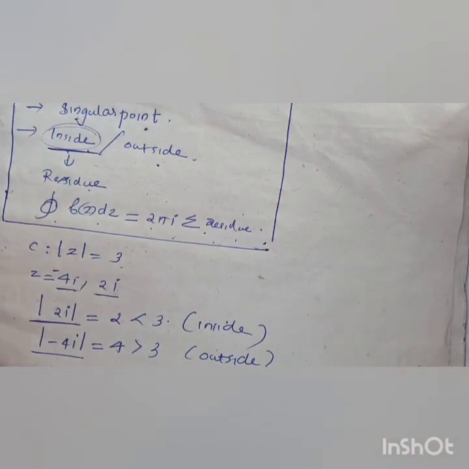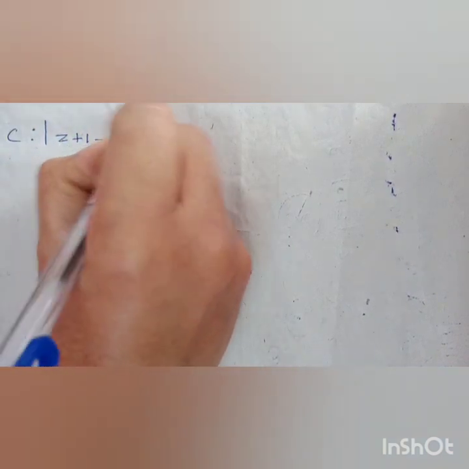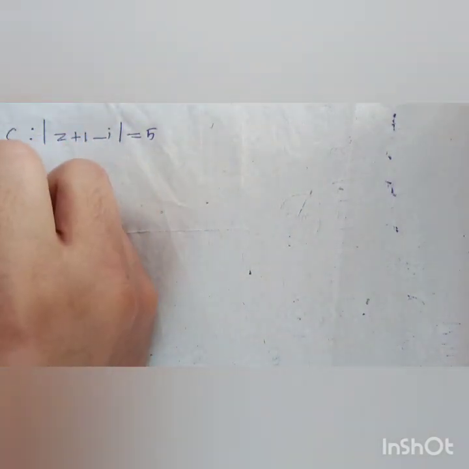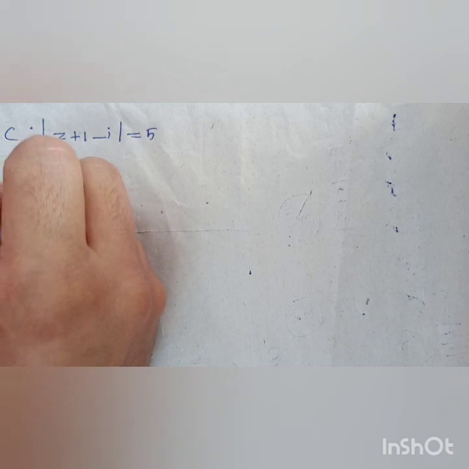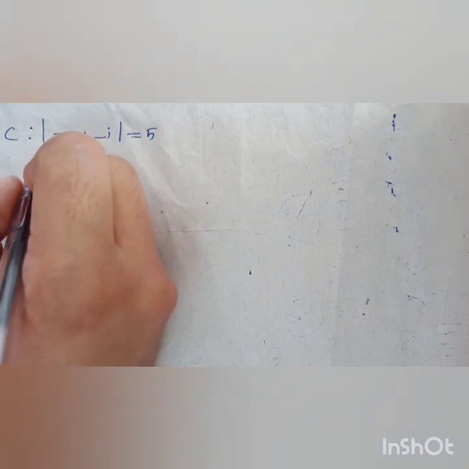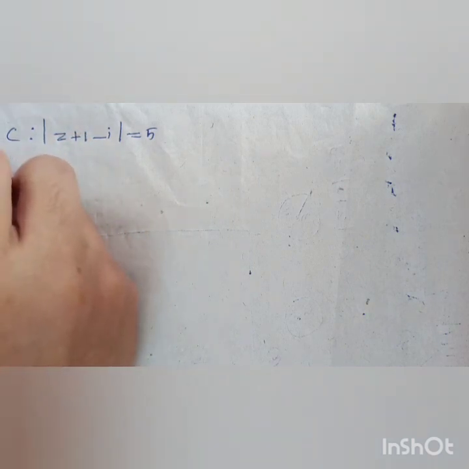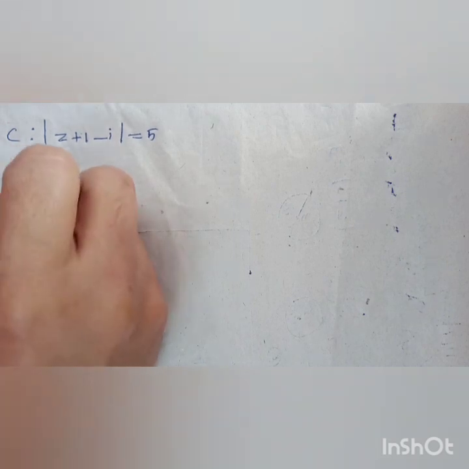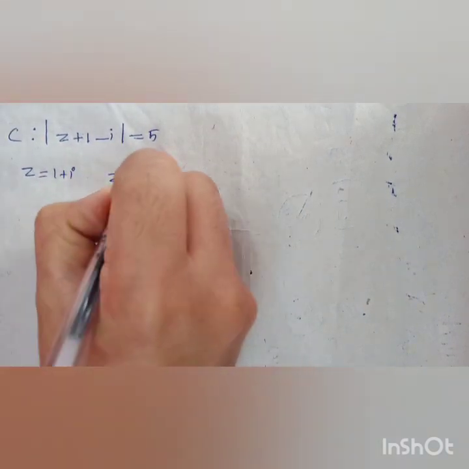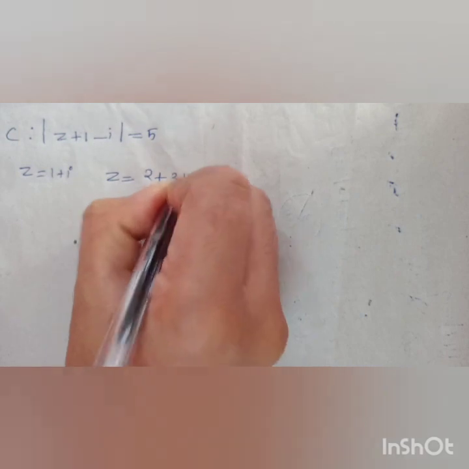Here we are considering a contour C such that |z + 1 - i| = 5. The singular points given are z = 1 + i and z = 2 + 3i.